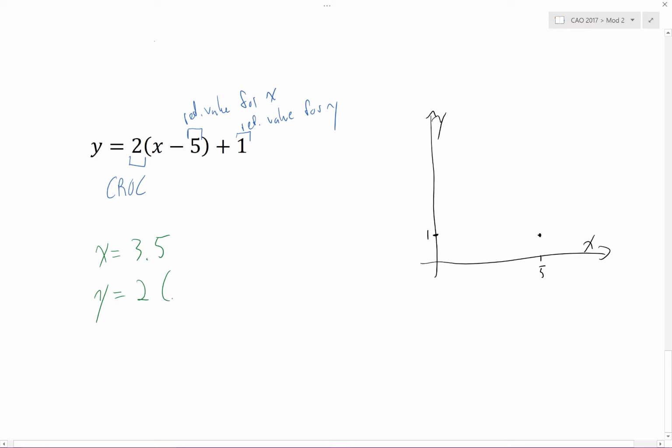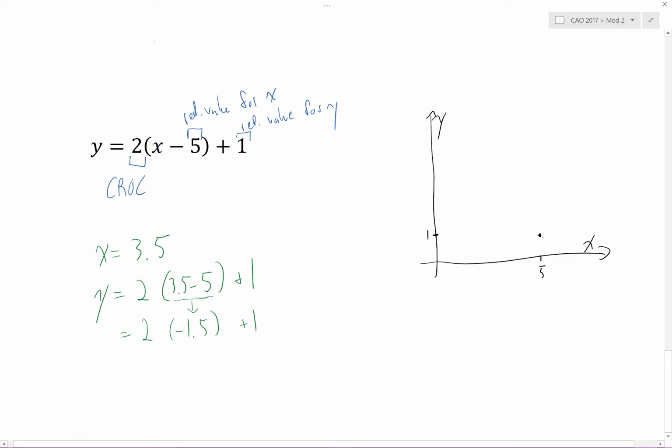So we can compute this as 2 times x minus 5, except we know our value of x is equal to 3.5. So 2 times 3.5 minus 5 plus 1. Now we can compute the value of 3.5 minus 5. This value is equal to negative 1.5.